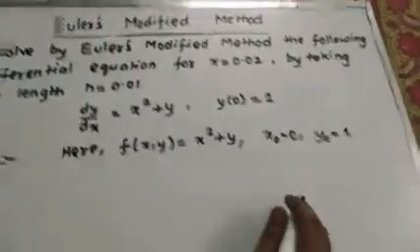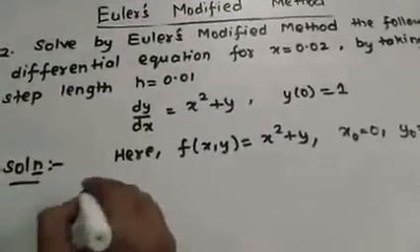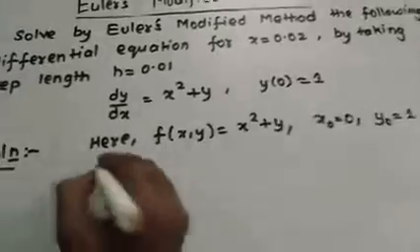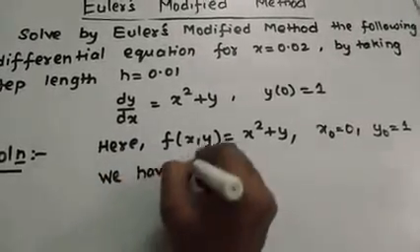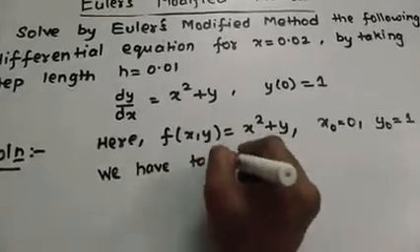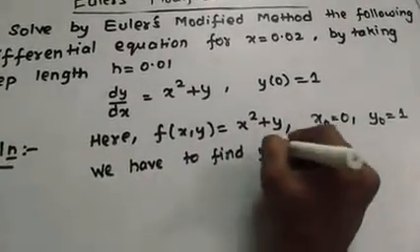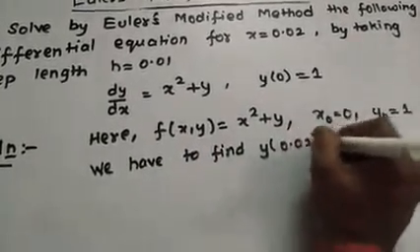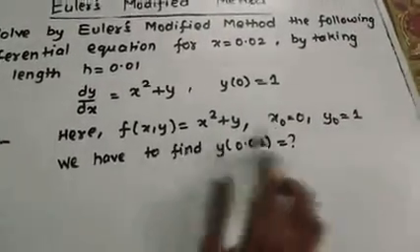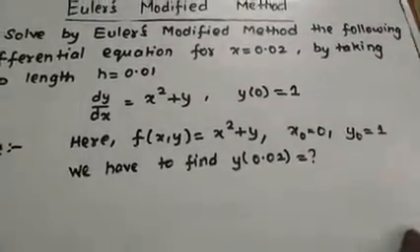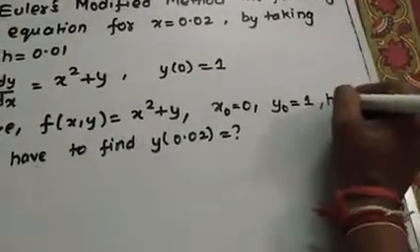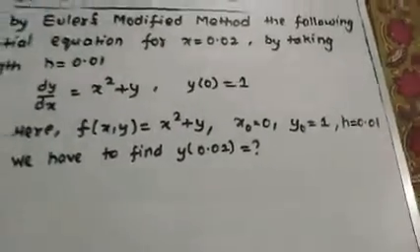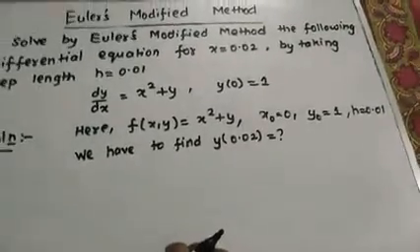And what we have to find is y of 0.02. These are the given things and this is our target. And what is the most important thing? The step length, 0.01.